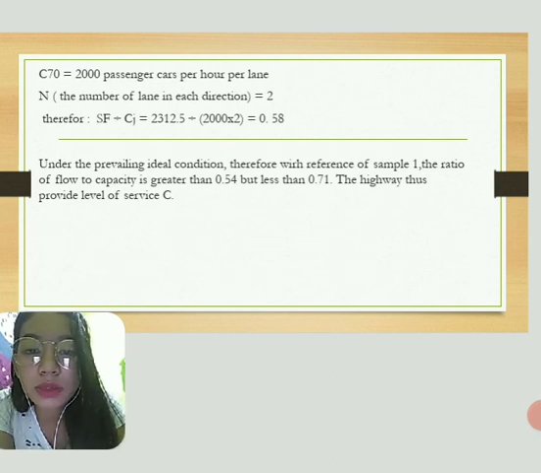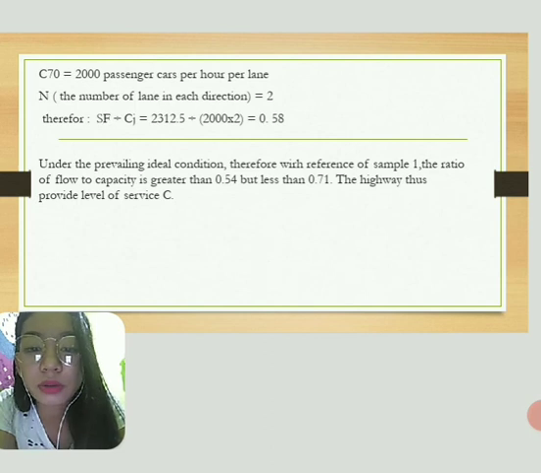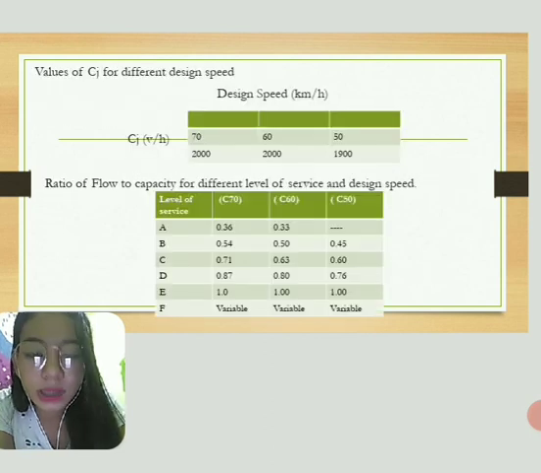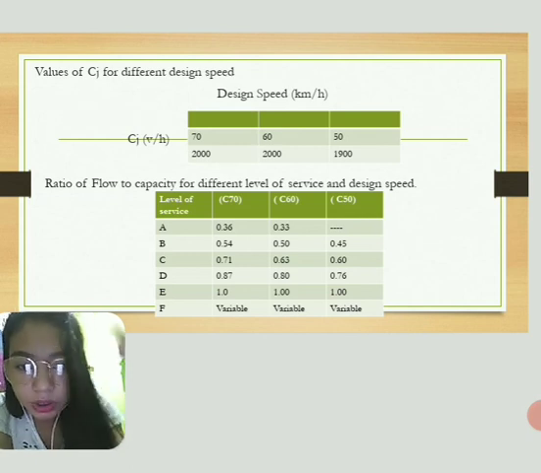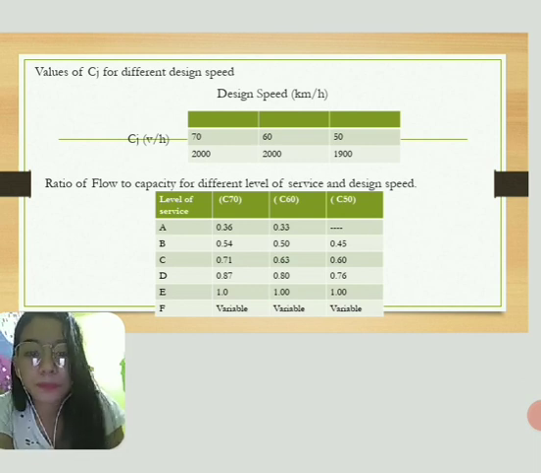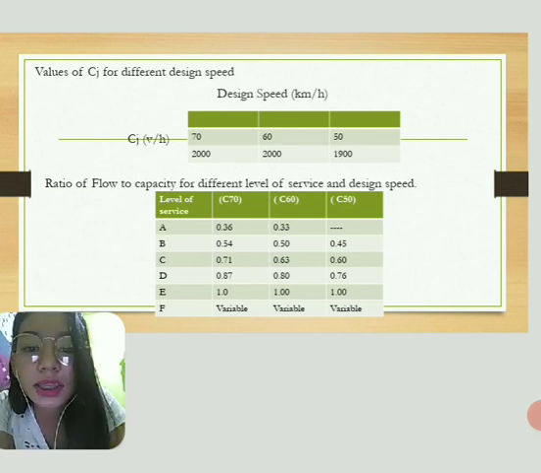Our result is 0.58, which is greater than 0.54 and less than 0.71. So where does it belong? It belongs to level C. 0.58 belongs to level of service C.